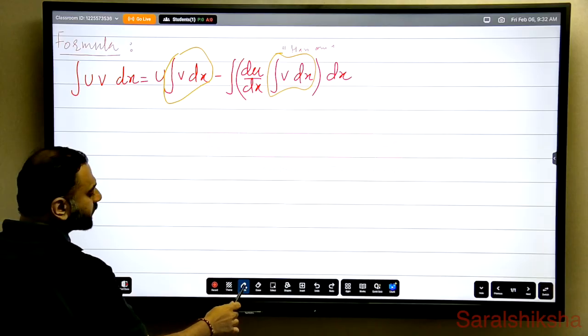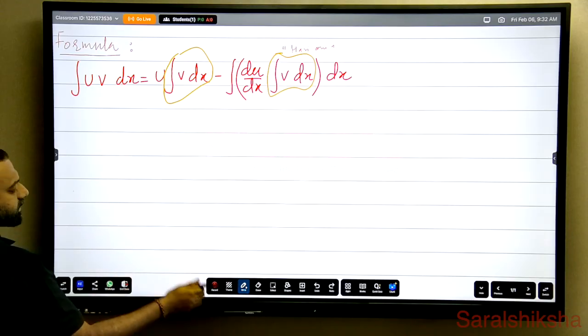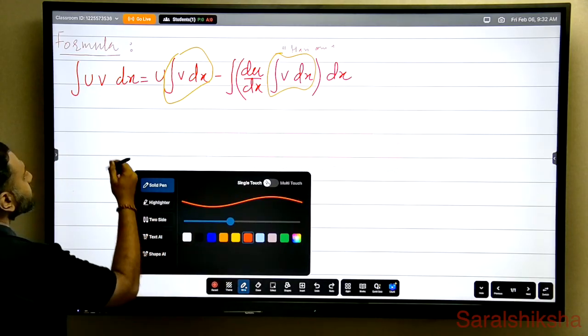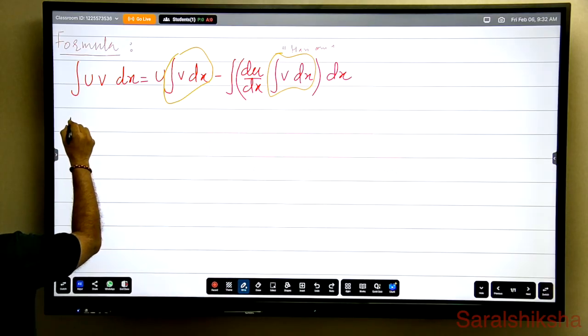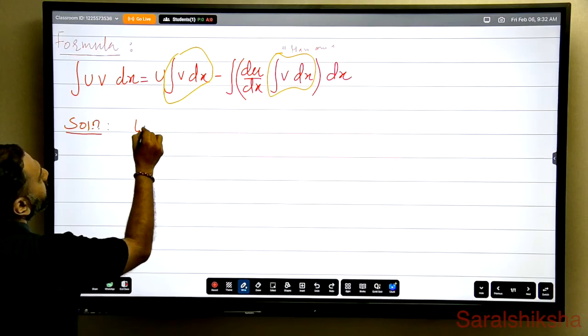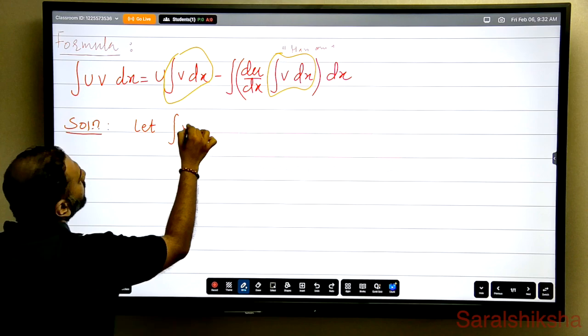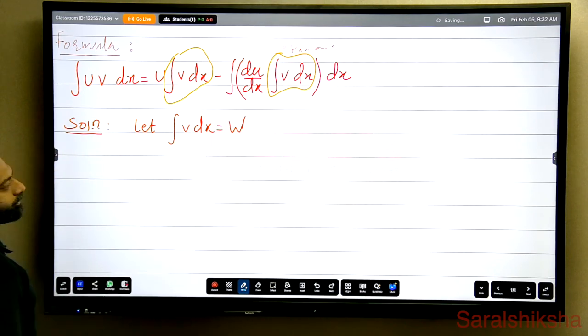So when I start with the proof of this statement, we consider the integral of v dx as a new variable. Let us call it w.